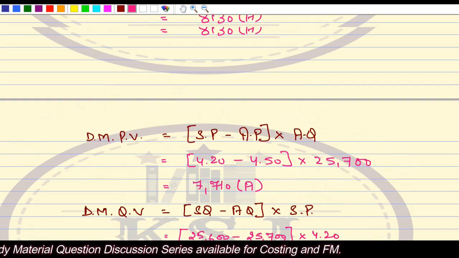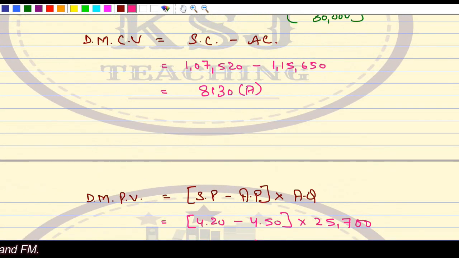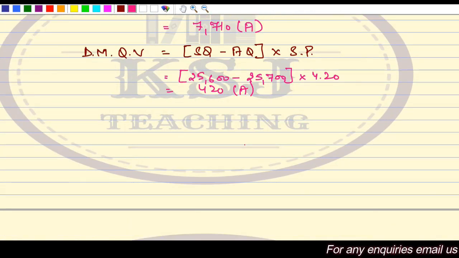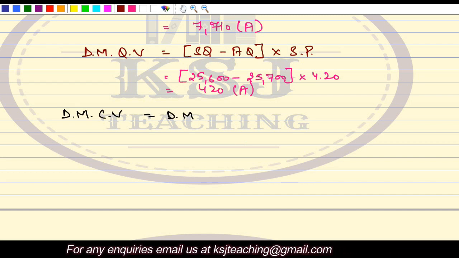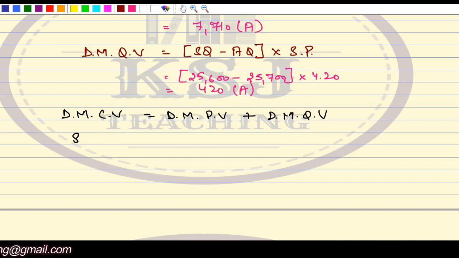So this will be equal to the cost variance, 8130 adverse, right? So direct material cost variance is equal to direct material price variance plus direct material quantity variance, right? So this is 8130 adverse.